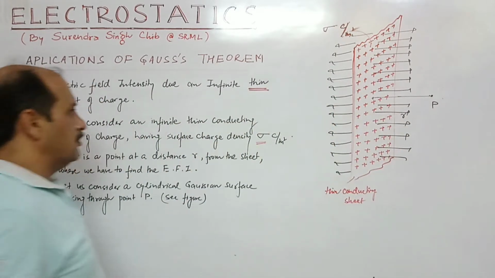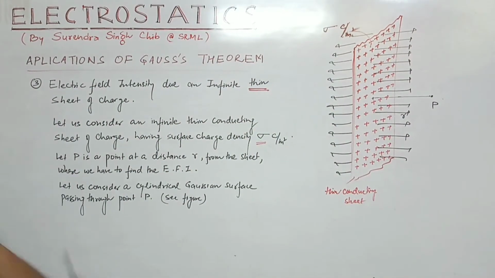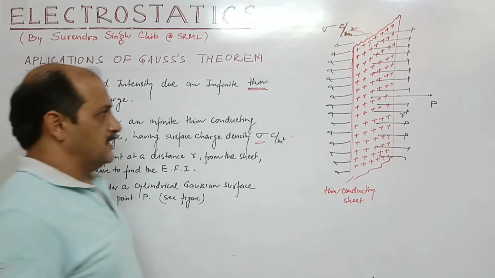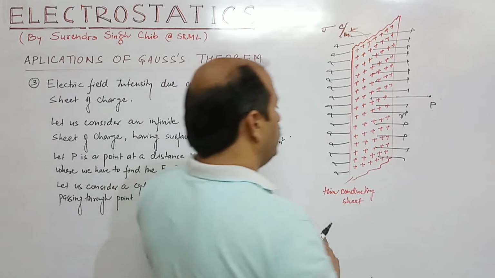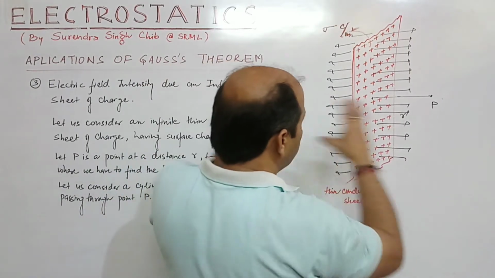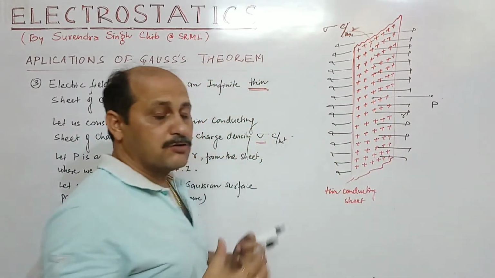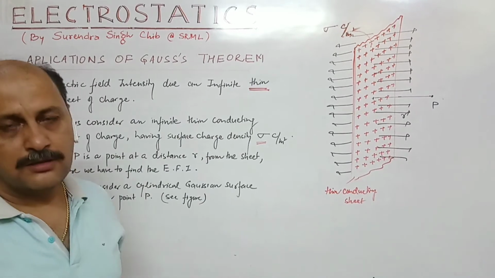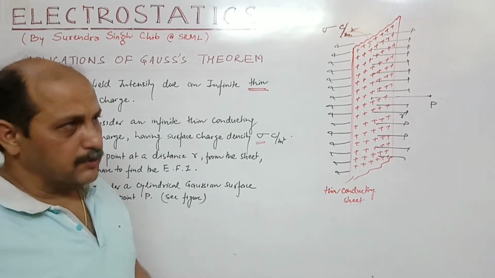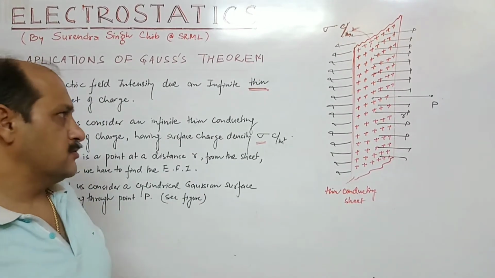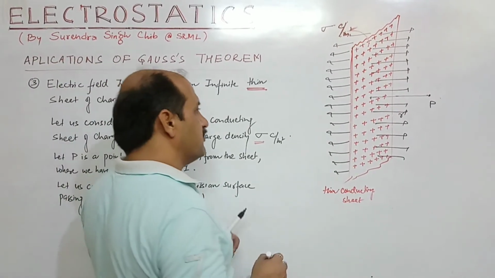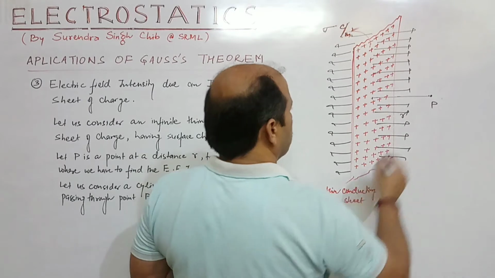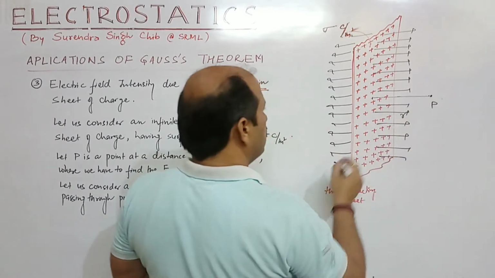R. So what type of spherical Gaussian surface will we take? No, see, spherical तो हो नहीं सकता. तो we will take a cylindrical Gaussian surface. Now cylindrical Gaussian surface भी कैसे लेंगे? We can take a parallelepiped also. We can take a cuboidal surface also. Cylindrical is much better and easy to take. So let's take a cylindrical Gaussian surface passing through point P. Now कैसे लेंगे वो?